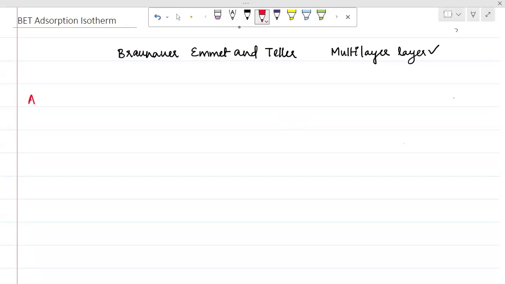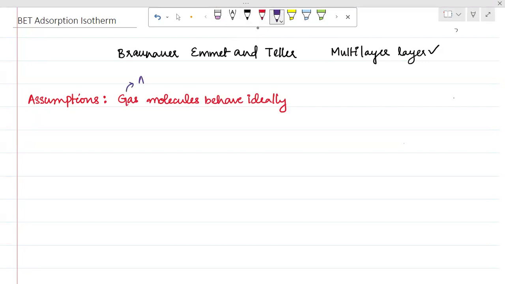Please note the assumptions or the postulates, you can say. The first postulate is the gas molecules, that is the adsorbate, behave ideally. Before the interaction with the adsorbent surface, within themselves, there are no interactions.